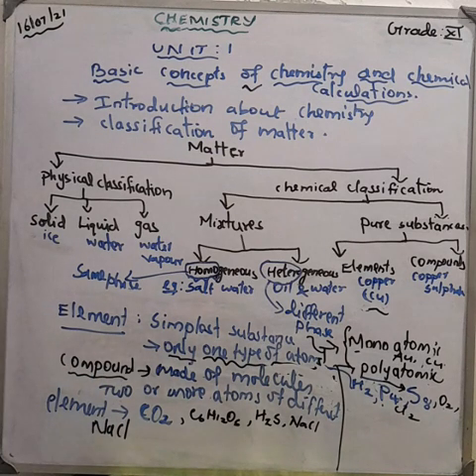Sodium chloride we also call a molecule. Sodium chloride molecule, H2S molecule, water molecule, H2O, we also call a compound. So what is the difference between a molecule and a compound?